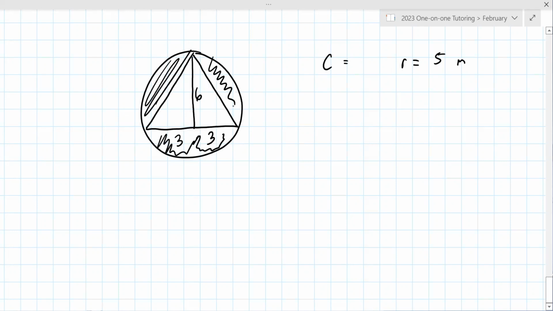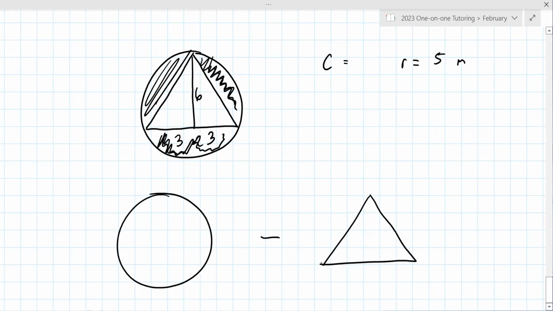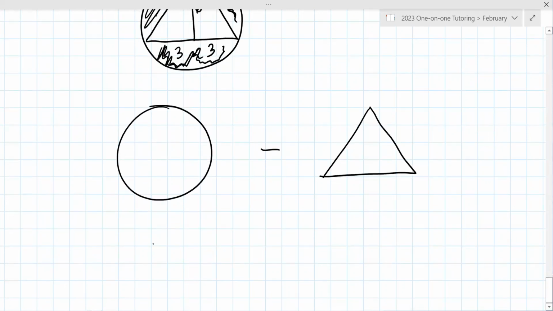Okay, so first I do 6, 12, 18. That'd be 18, and then I need to do pi r squared times 5, so then 25 times pi.